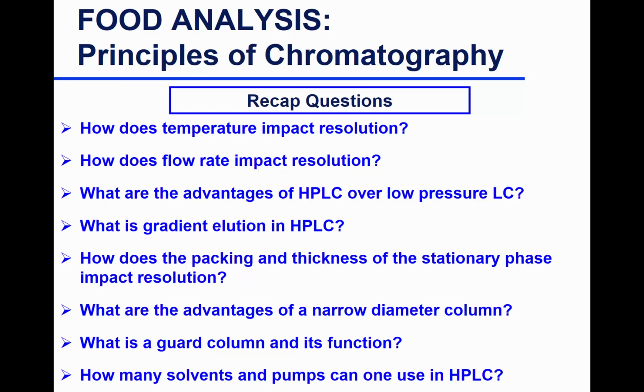Okay, so basically what I want to say here is what Erin said is correct in terms of you want to protect the column from impurities. They're not necessarily large because you do filter your sample before you inject it. Sometimes your sample contains impurities or components that can bind strongly to your stationary phase and not want to leave.